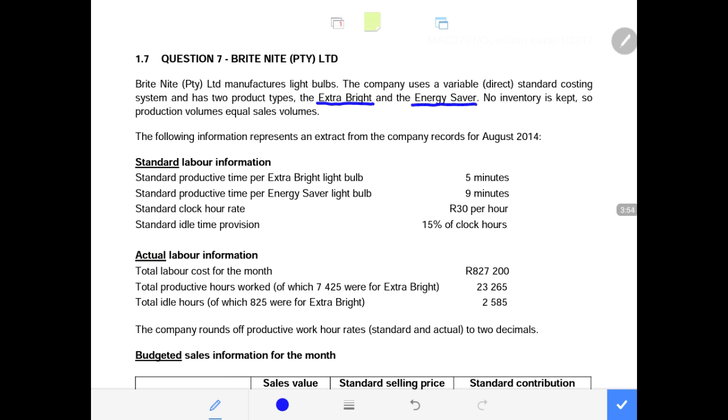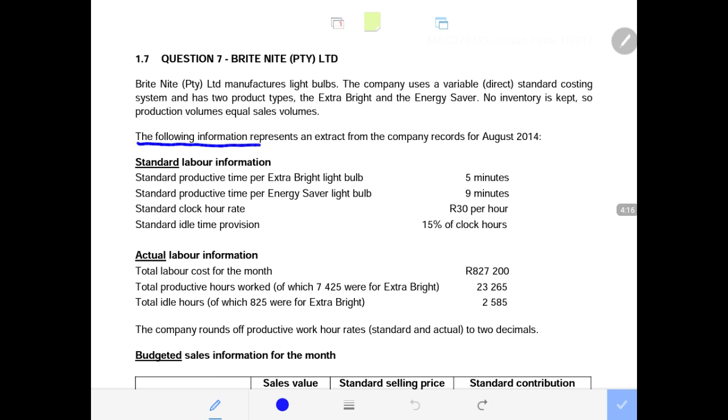No inventory is kept, so production volumes equal sales volume, and this simplifies our life, meaning there is no opening inventory and no closing inventory. Therefore, demand is constant. Whatever we produce gets sold within the given period.